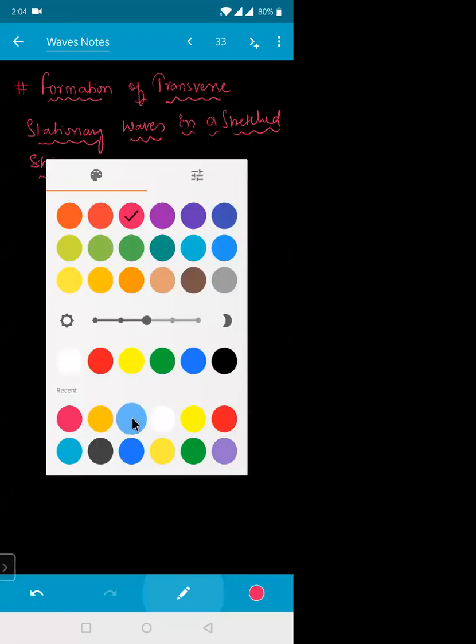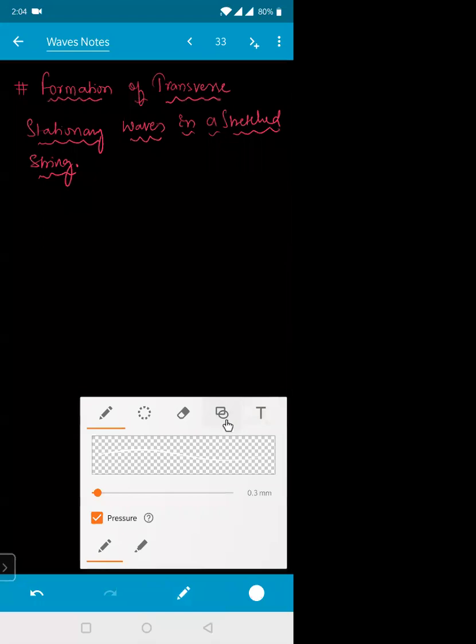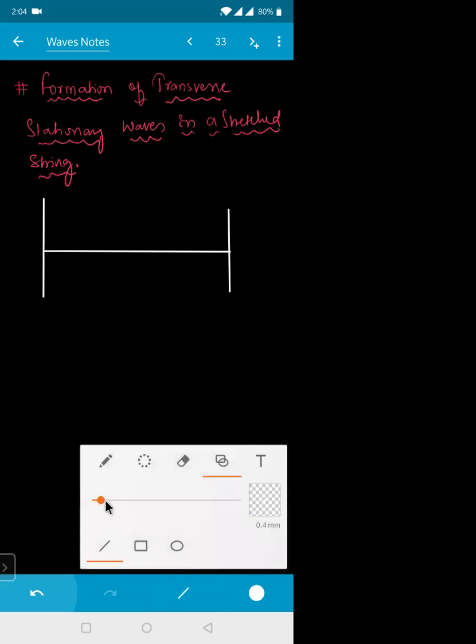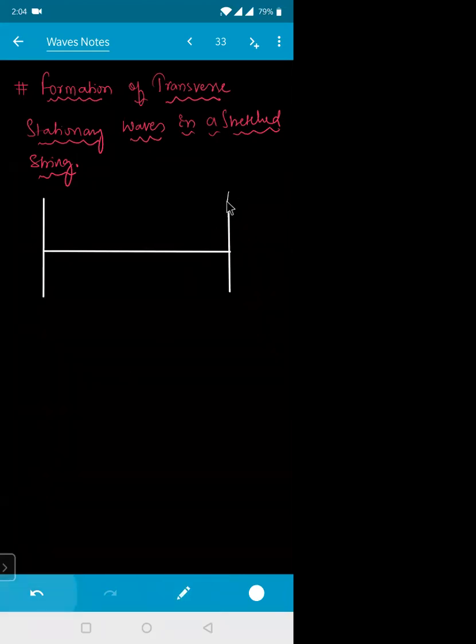Okay, now see this one. Say for example, if a string is being stretched between two points like this. When a wave pulse is being created in this one, say for example, this is one wave pulse which has been forming like this.